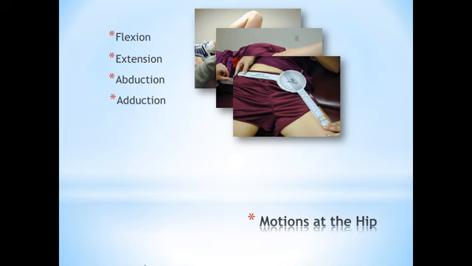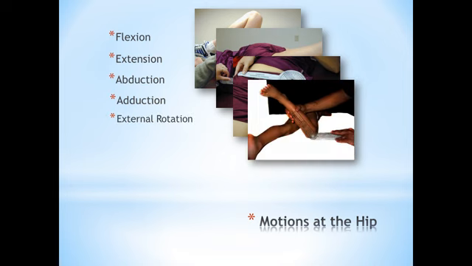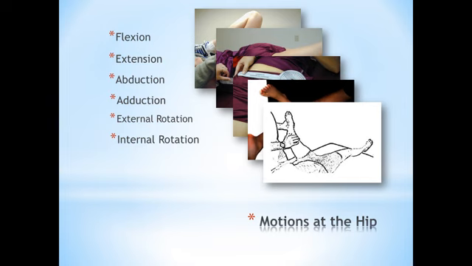So those are a couple of components with the hip, as other structures start getting in the way of normal hip motion. External rotation is about 0 to 45 degrees, and normal internal rotation range is about 0 to about 30 degrees of motion.